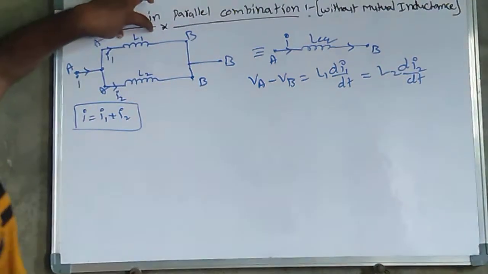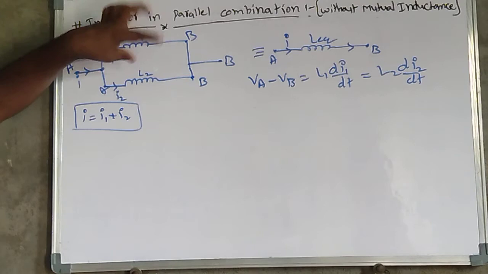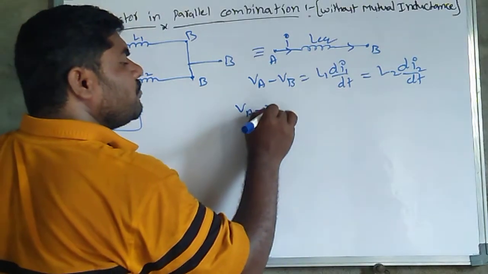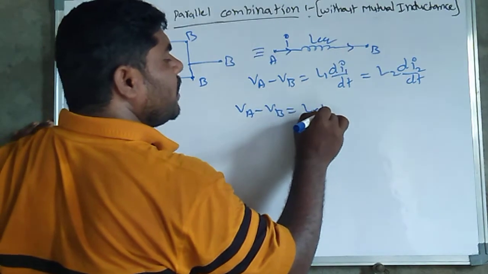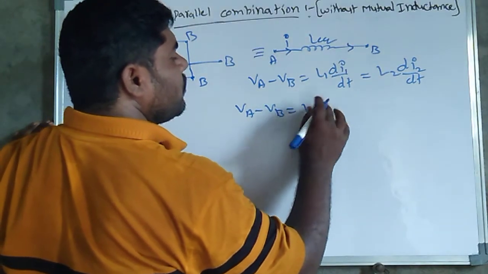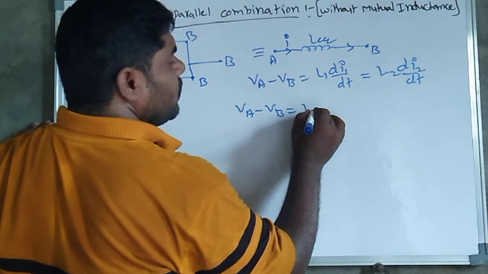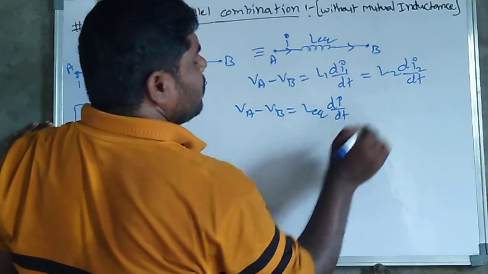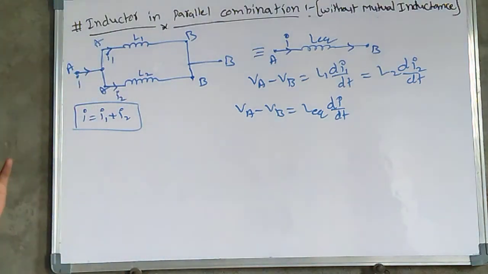Because it is parallel, the EMF is the same, so VA minus VB is also equal to L equivalent di by dt.